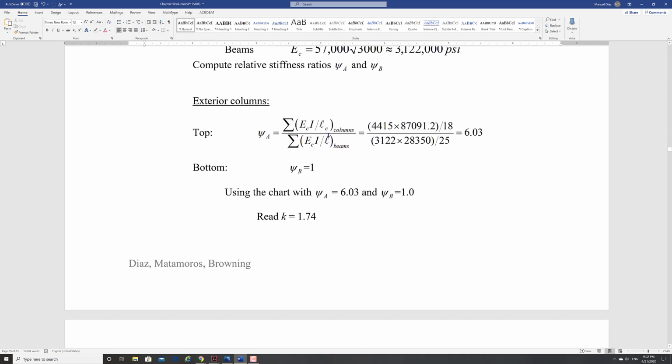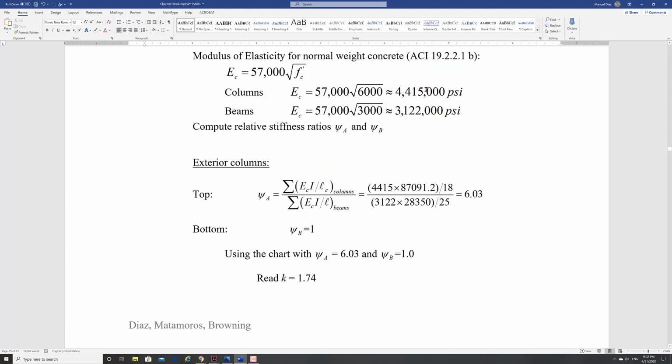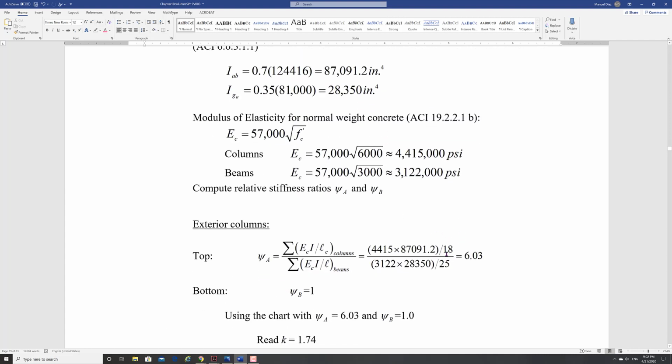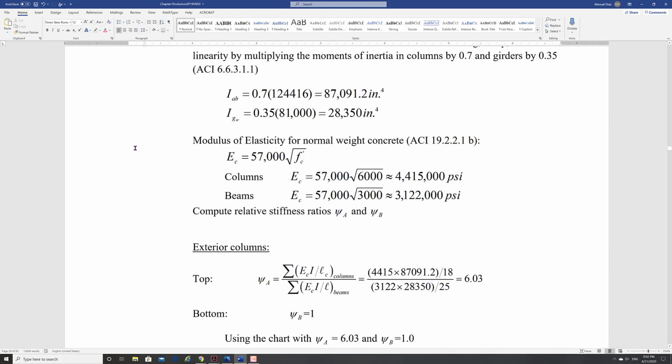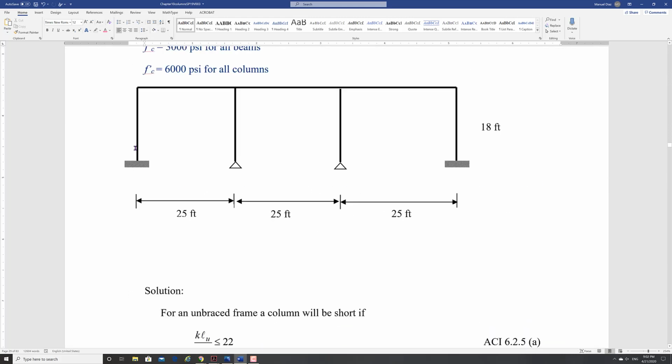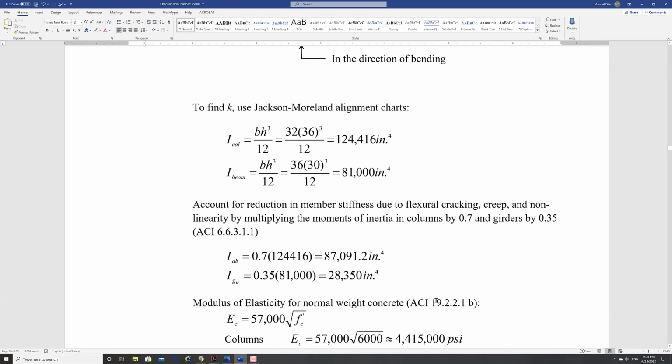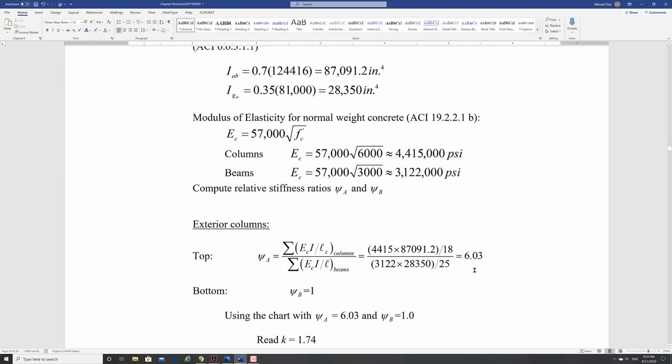So I go here. I only have one column. So I put my E value for the column, my I value for the column, and my length, my clear length, my center to center, excuse me. This is Lc, so my center to center length of the column, which is the 18, right? Center to center. So that's one column. And then we have one beam.